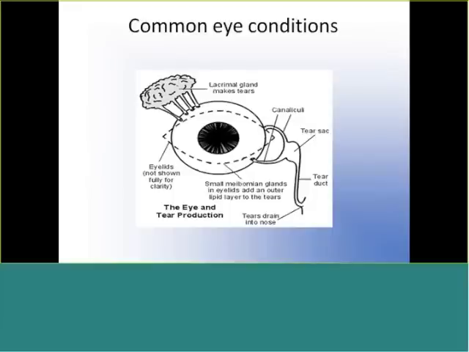And then, of course, surrounding the eyeball itself is the eyelid, which contains the lashes and the meibomian glands.